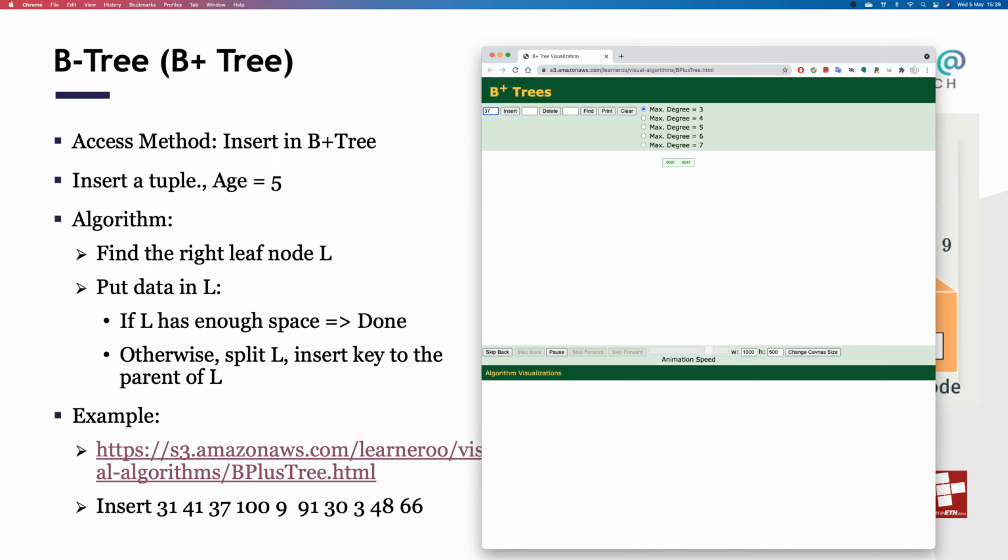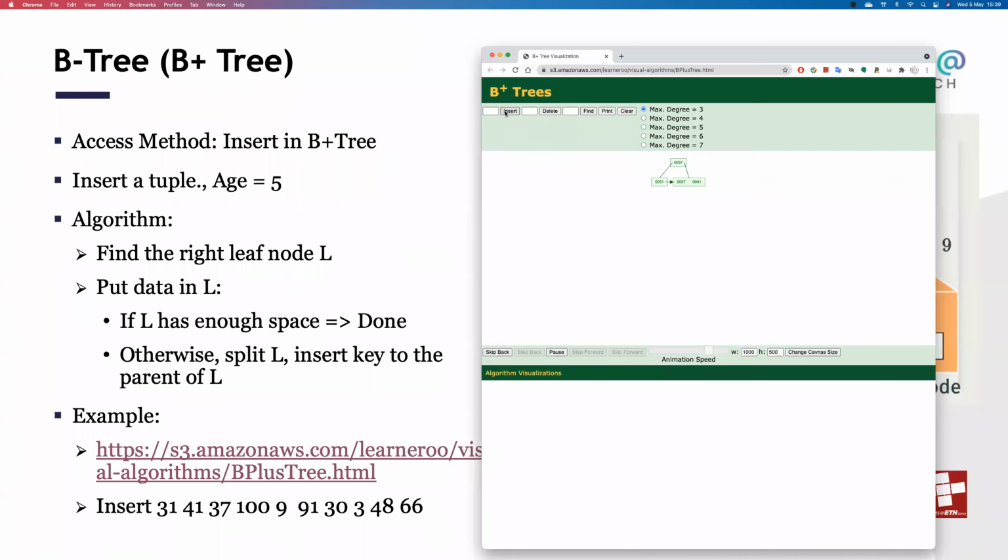For example, if I insert 37, I'm going to find the right page, which is this one, insert 37, and then I'm out of space. I don't have enough slots to hold it. So in this case, I'm going to split this node into 2 different nodes, and I create a new node as a parent. I'm going to have something that looks like this.